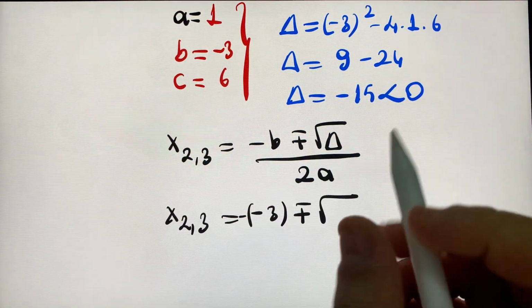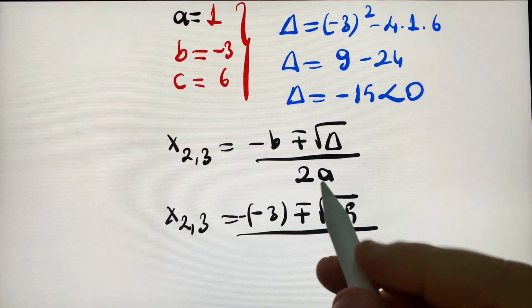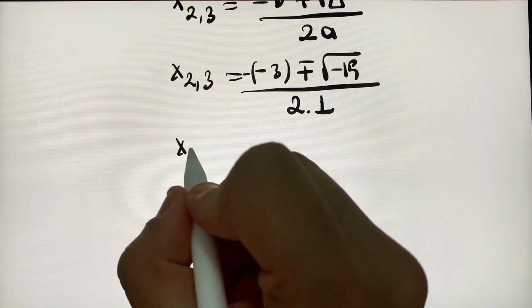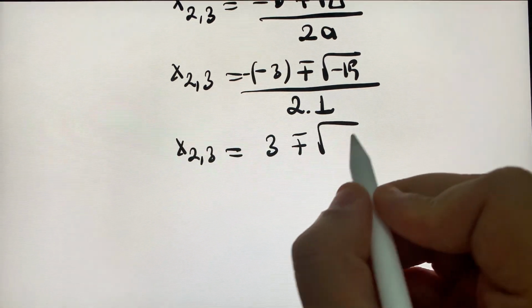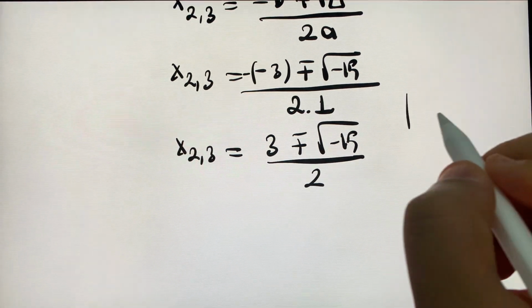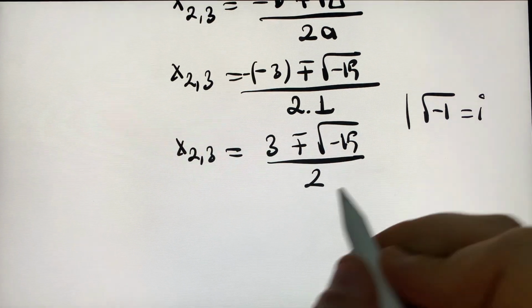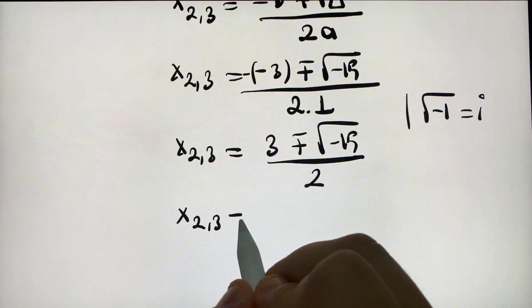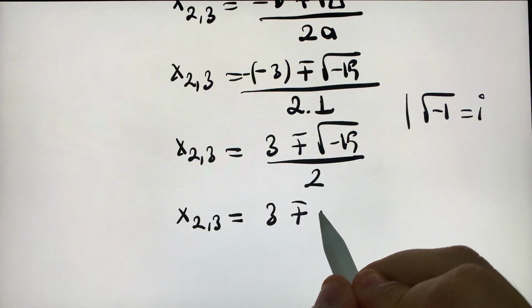Plus minus root of the expression we call delta, minus 15, divided by 2 times a. So x equals 3 plus minus root of minus 15 over 2. What will we remember here? Root of minus 1 is i. Let's write this in our equation: x equals 3 plus minus root 15 i divided by 2.